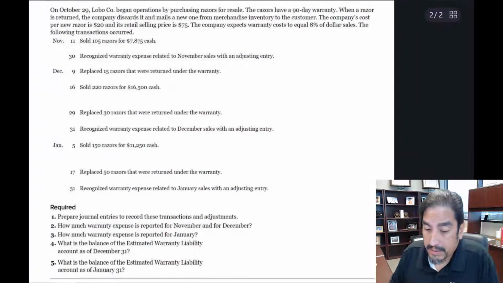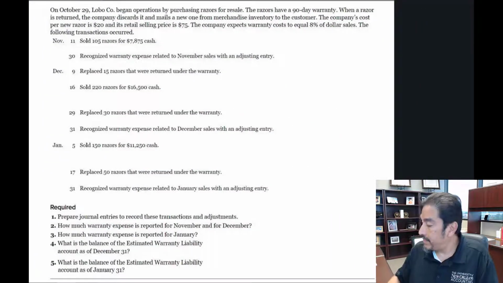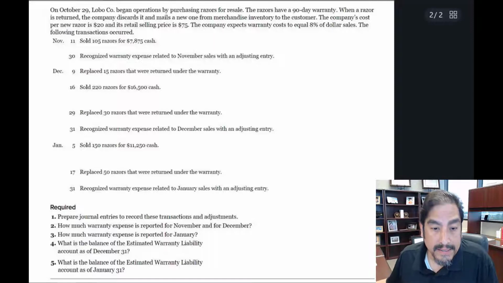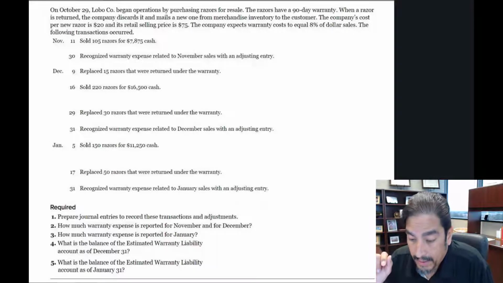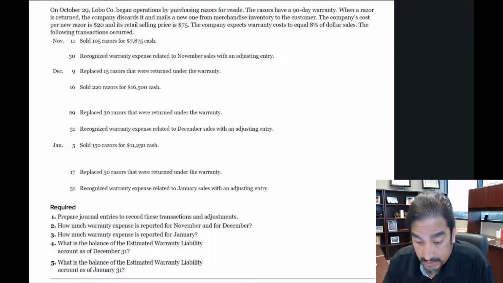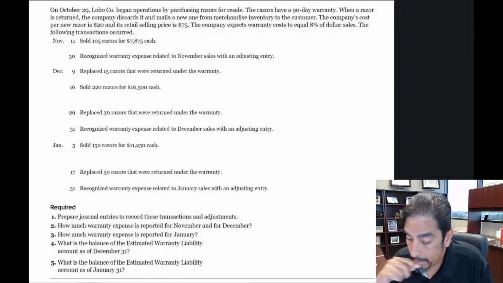Here is part two. This is a warranty problem. On October 29th, we began operations, so this is our very first month. Began operations by purchasing razors for resale.